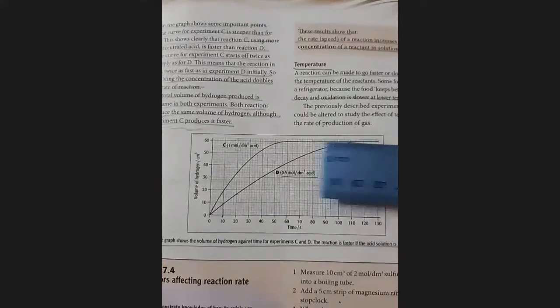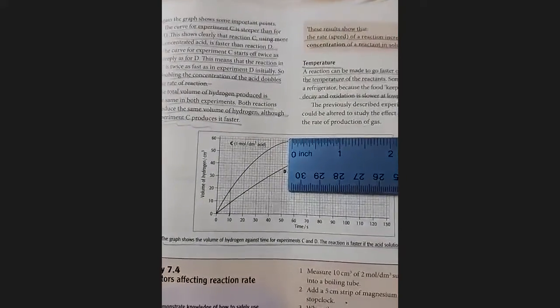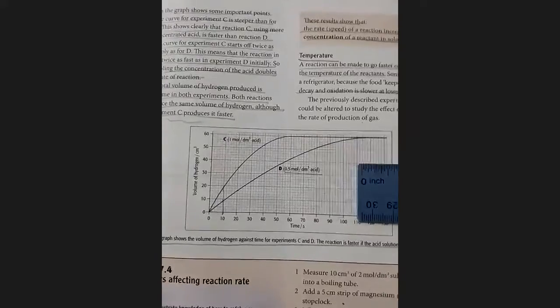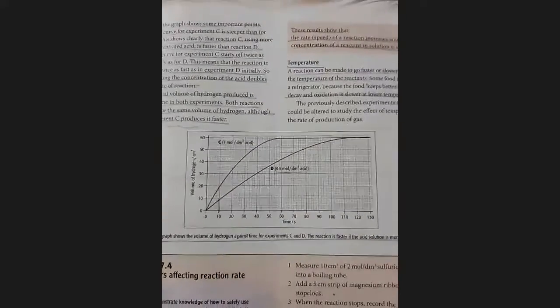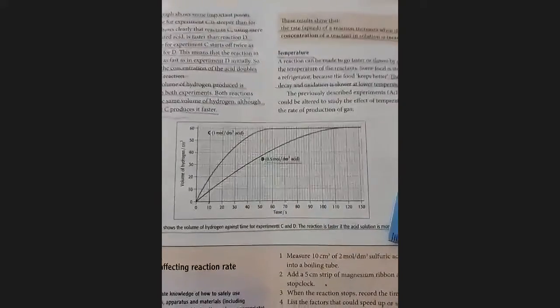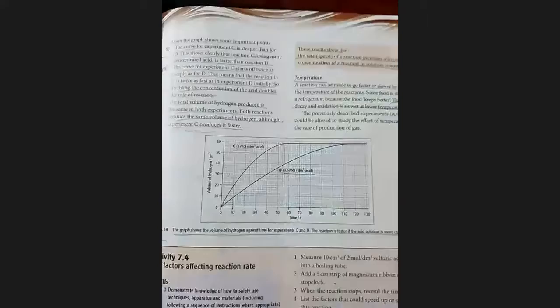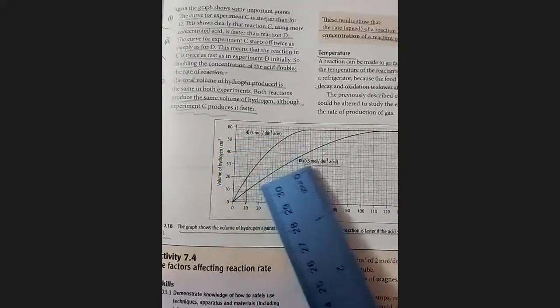So can you see that this completed at 58 seconds and this completed at 114 seconds, let's say. So that's almost double the time period, right? And why was the time period doubled? Because the concentration was halved.